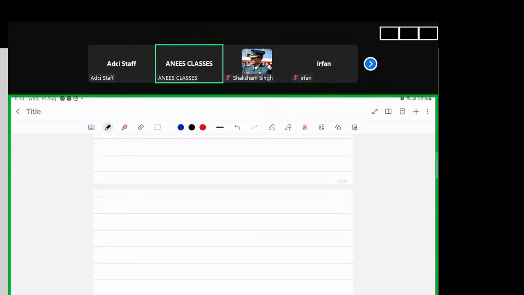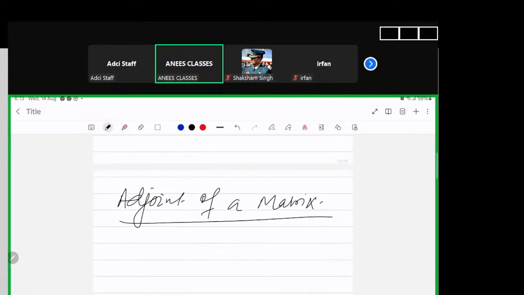Now adjoint of a matrix. What is the adjoint of a matrix? Later I will represent adjoint of a matrix.